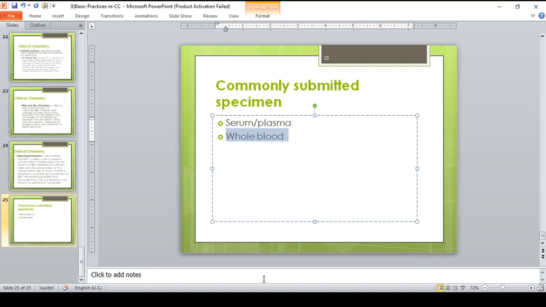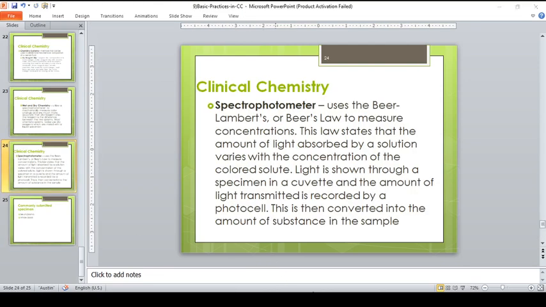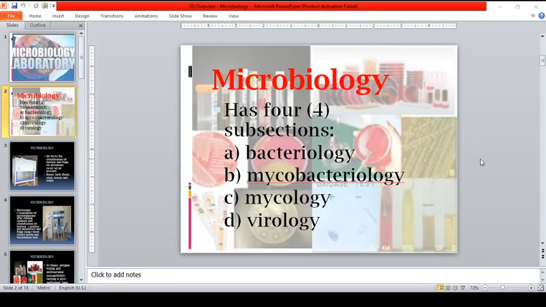So we proceed with another section, that is clinical microbiology. Okay, guys, let's proceed to another section of the clinical laboratory, that is the microbiology section.